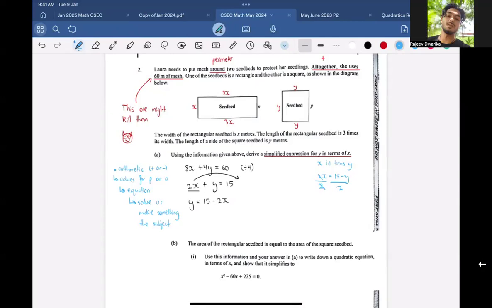So the problem that you have is that we don't know what the area of the rectangular seed bed is.